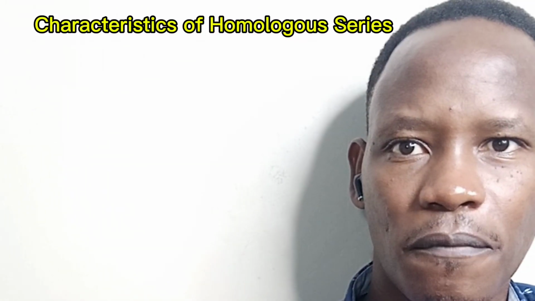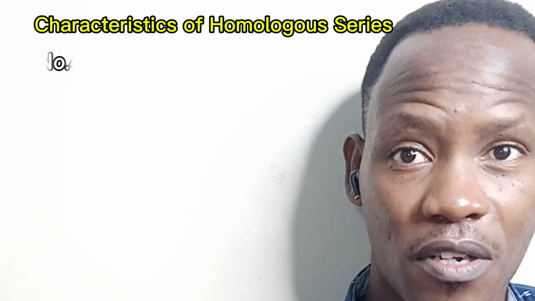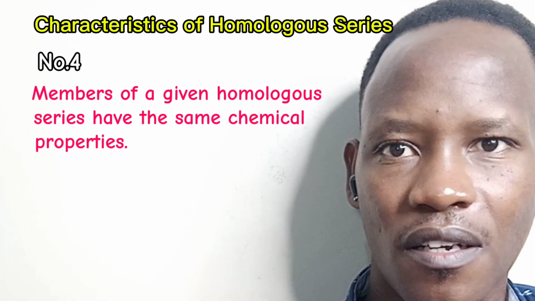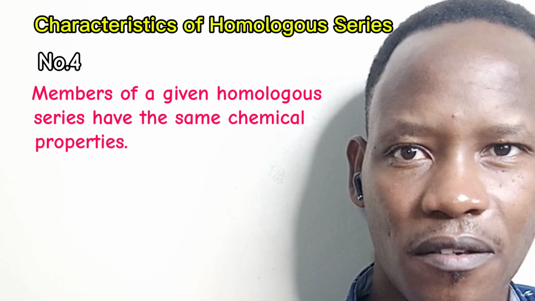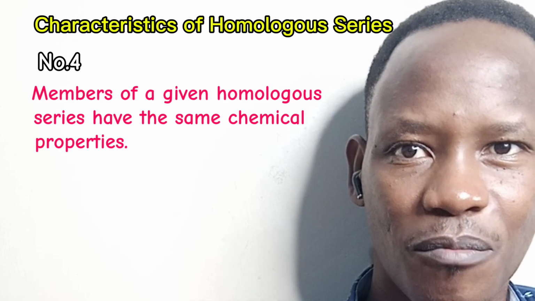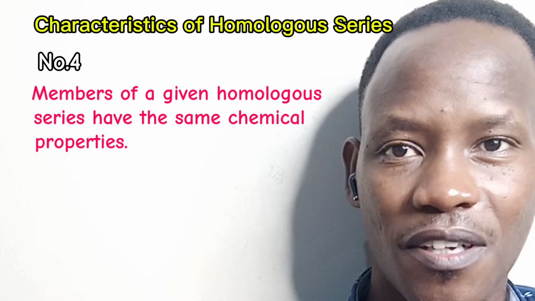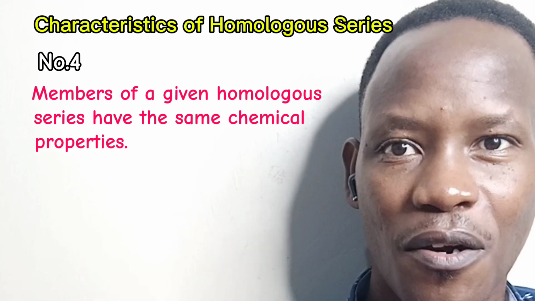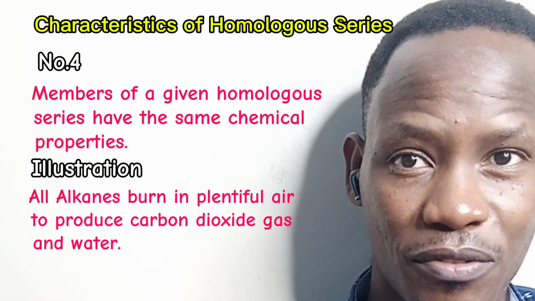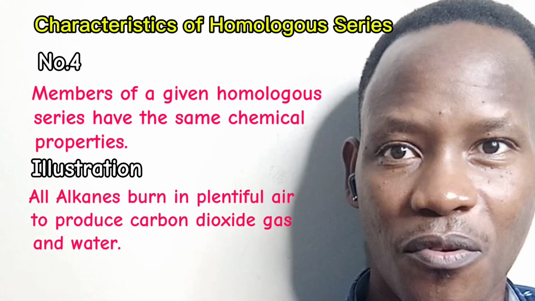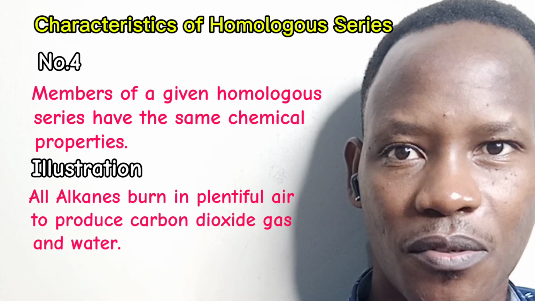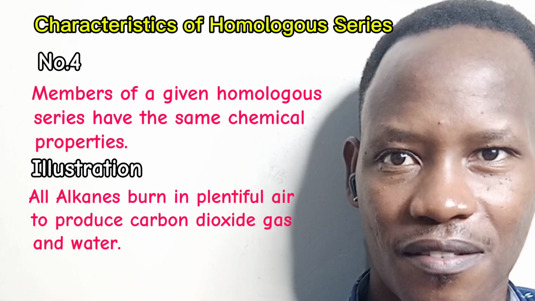The last property of all homologous series is that members of a given homologous series have the same chemical properties. By basing on our example today, which is the homologous series of alkanes, all alkanes can undergo combustion in the presence of plenty of air to form carbon dioxide gas and water.